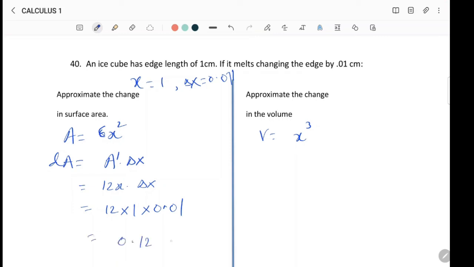It's 0.12. This is the approximate change in area, in centimeter square.